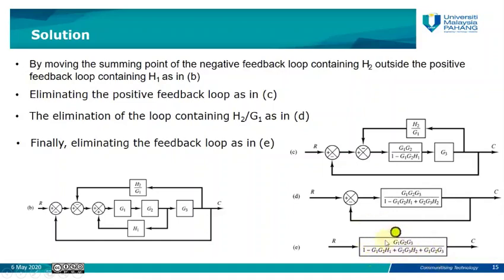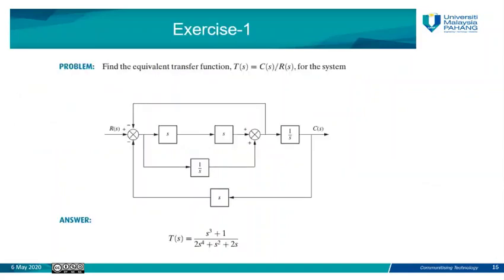This represents the equivalent transfer function with one input, which is Rs, and one output, which is Cs. I hope you understand this reduction method. As I mentioned before, these reduction techniques are used to simplify the complicated block diagram. In the next part of this chapter, we will learn about the signal flow graph and how we can simplify it by using Mason's rule.